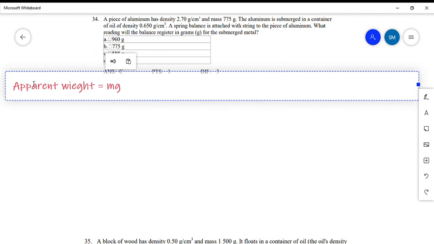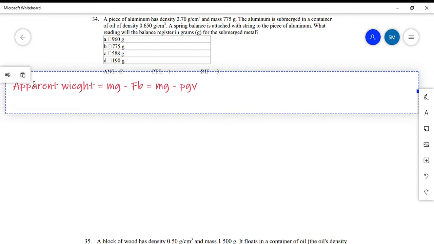The actual weight is mg, the mass in the air times gravity, minus the buoyant force. So mg minus the buoyant force, we all know it is a simple rule: the density times the gravity times the volume.